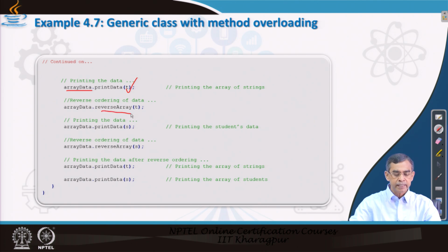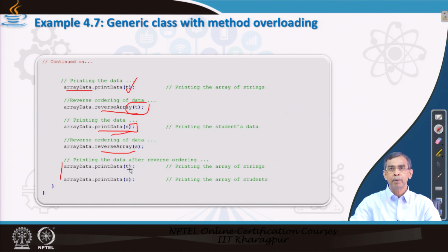Then array data reverse array T will basically reverse the elements which are stored there in the array of objects. Print data S, in this case S is student, so it will print the student data stored in the array S. The elements stored in the array S will be reversed, and after this reversing it will again print the data.